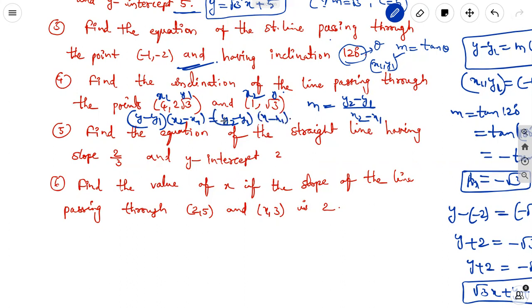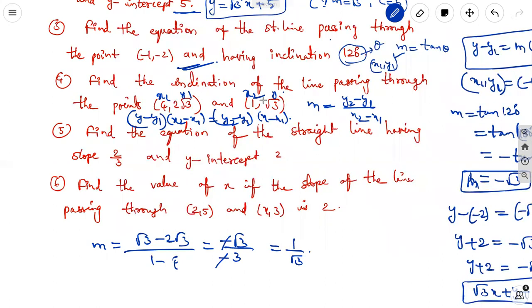In any case, we can find out. Here, m equal to y2 is root 3 minus 2 root 3, by x2 is 1 minus 4. It's minus root 3 by minus 3. Minus minus cancel, it is 1 by root 3.